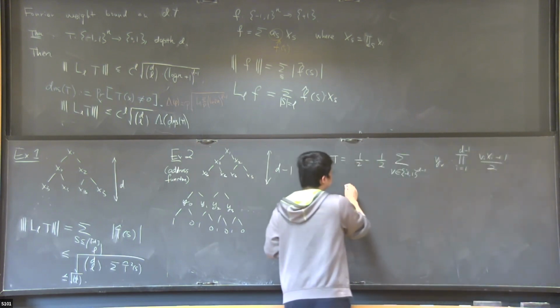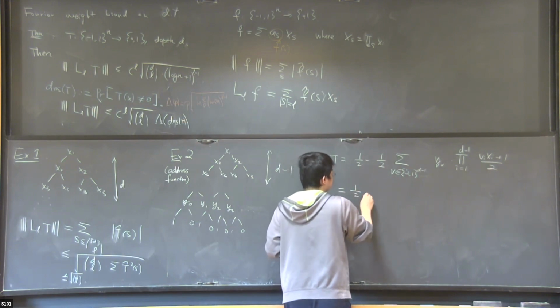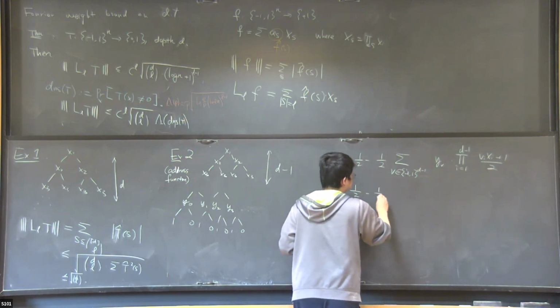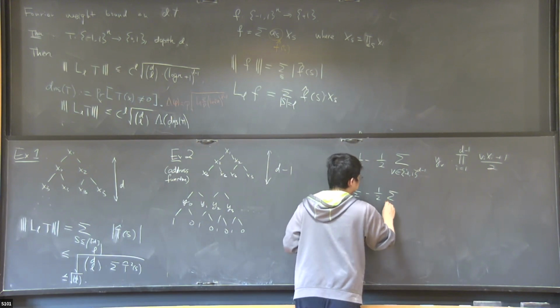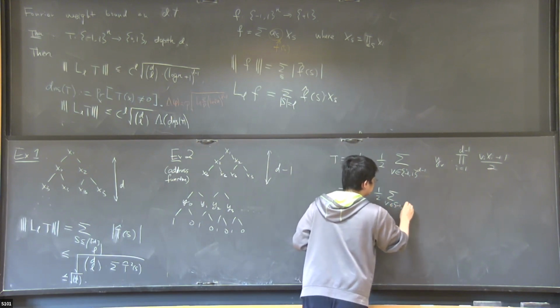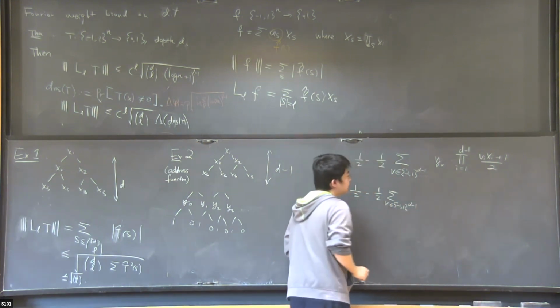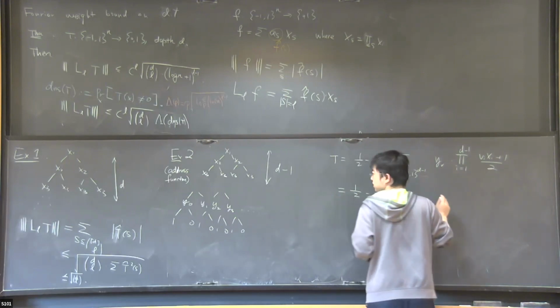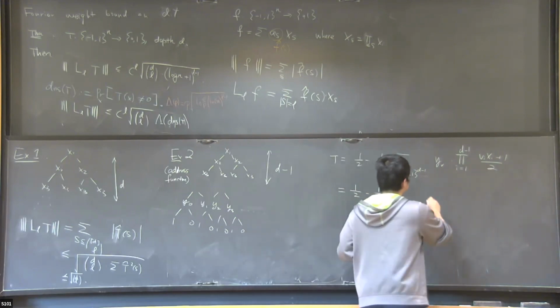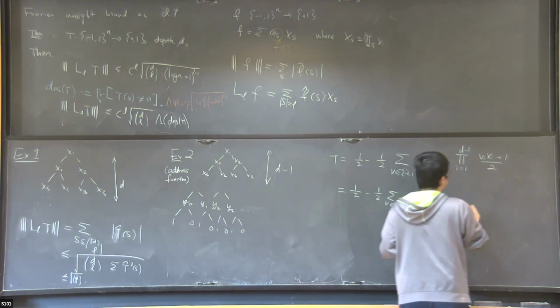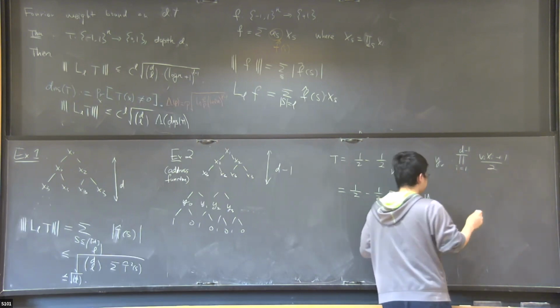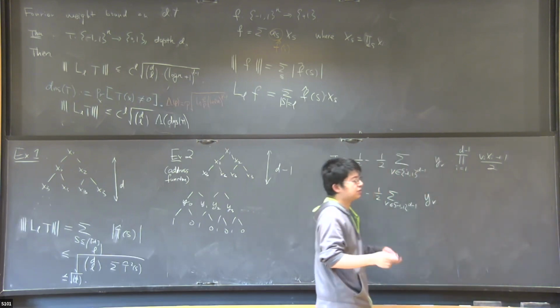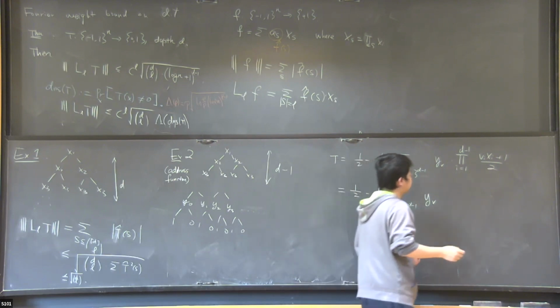And then if you expand it out, you realize that for each leaf, for each y, there are d-1 choose L-1 ways to choose the x variables.